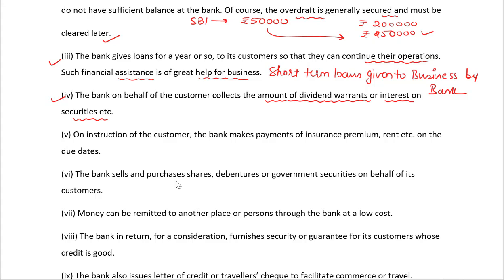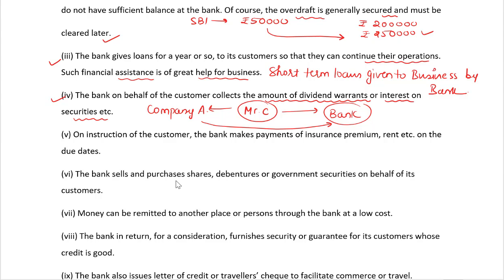So supposing this is company A, Mr. C has invested in company A, and Mr. C has given instructions to the banker that whenever company A gives dividend, deposit the dividend directly to my bank account.